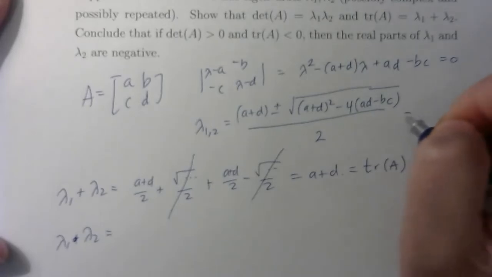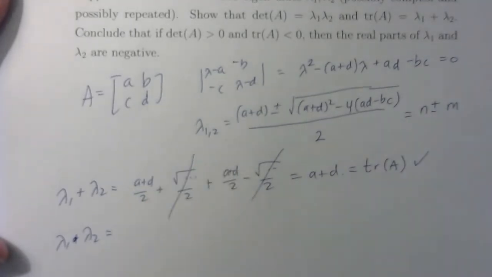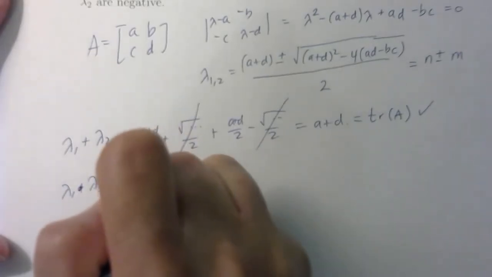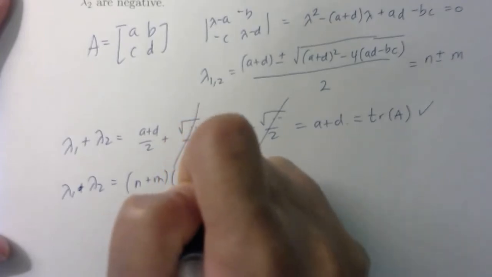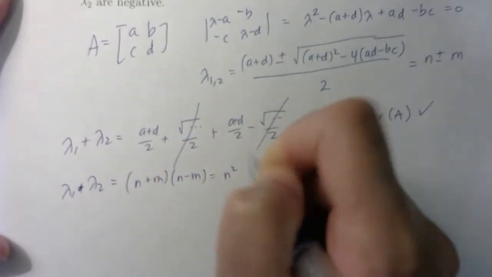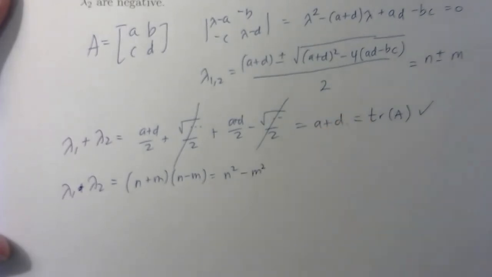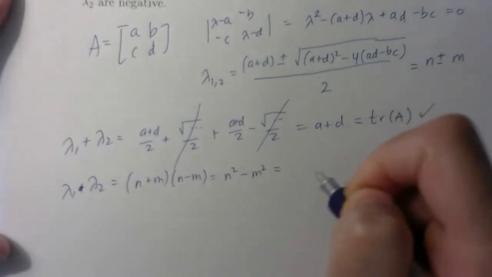Let's call this n plus or minus m. So this is n plus m times n minus m, right? So it's n squared plus nm minus nm minus m squared. Hopefully that's really clear. I don't want to beat a dead horse, I just don't want it to be confusing.